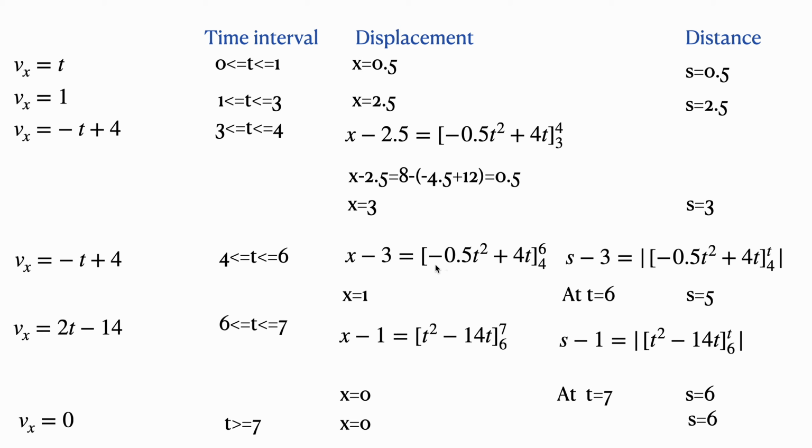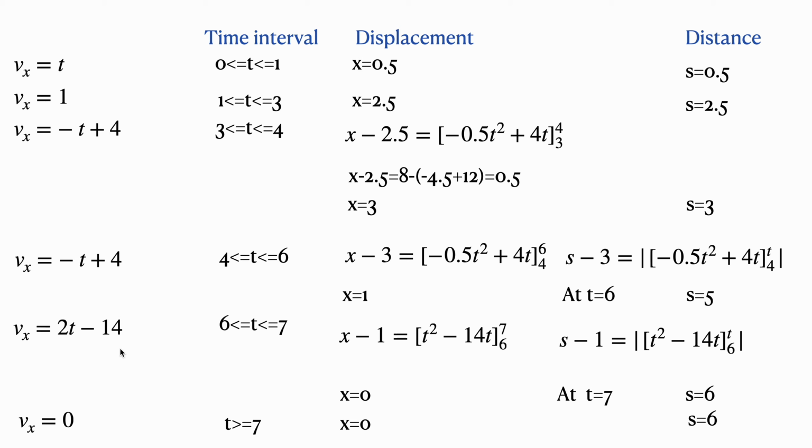So we take the modulus of this integral value minus 0.5 t square plus 4t from 4 to t. To plot the function, we need to integrate from 4 to t, and we can put the lower and upper limit to get the distance at t equals 6, s equals 5.